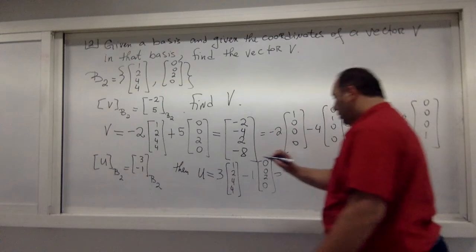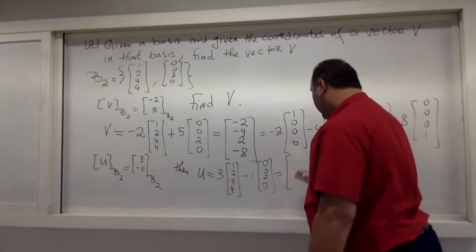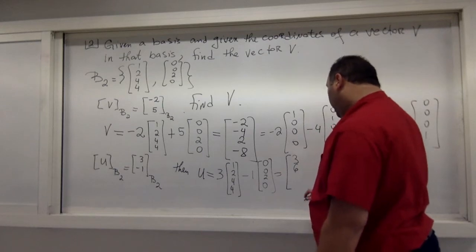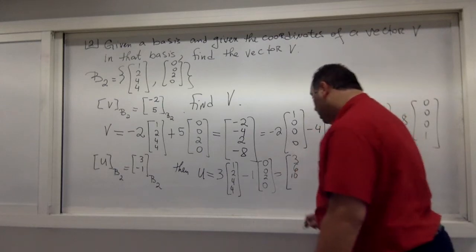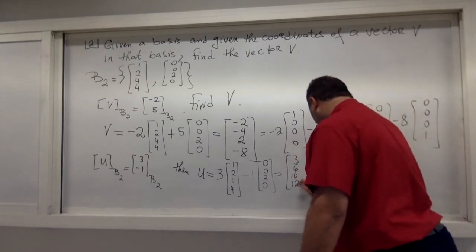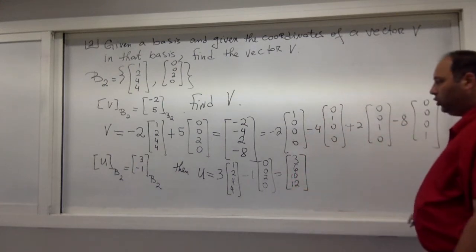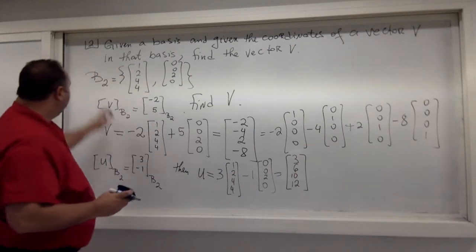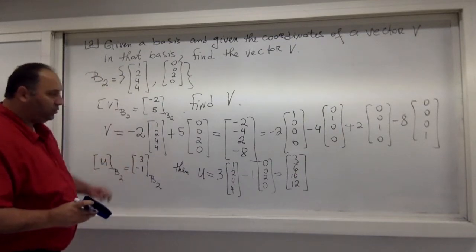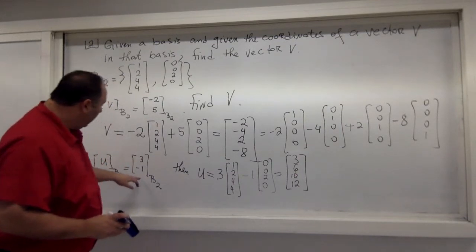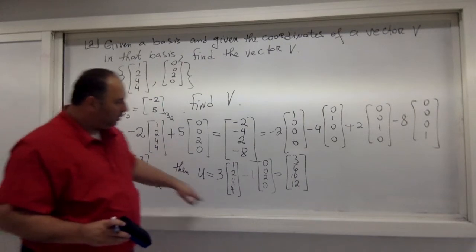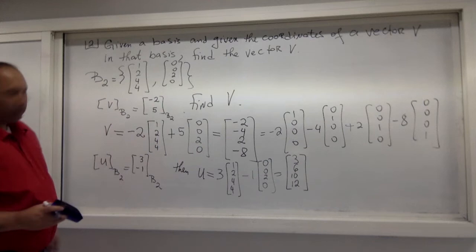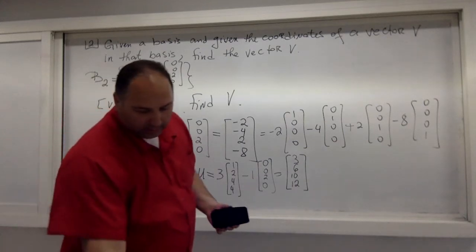And all I need to do is compute. So I have 3, 6, so 12 minus 2 is 10, and then 12. So this is vector u. Its coordinates in basis B2 are 3 and -1. So you see clearly that coordinates have nothing to do with the components of the vector. So that's why we use this example, so you clearly see these things.